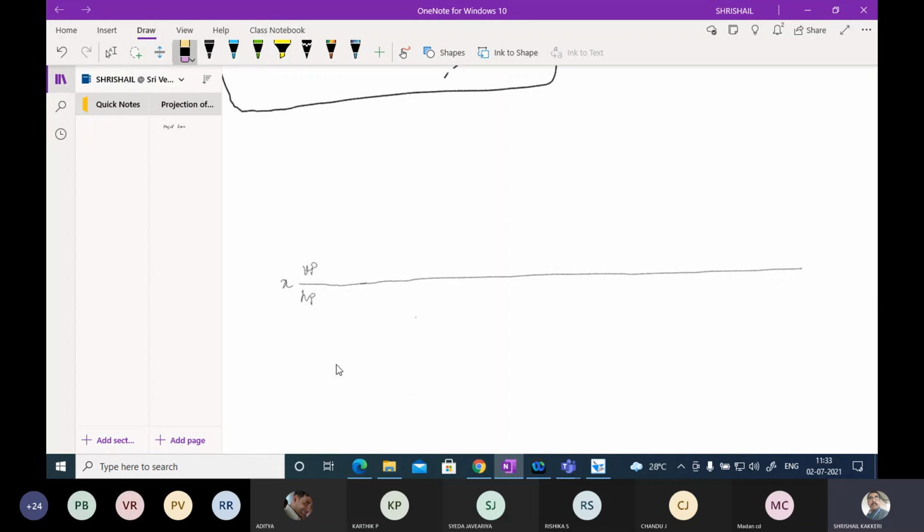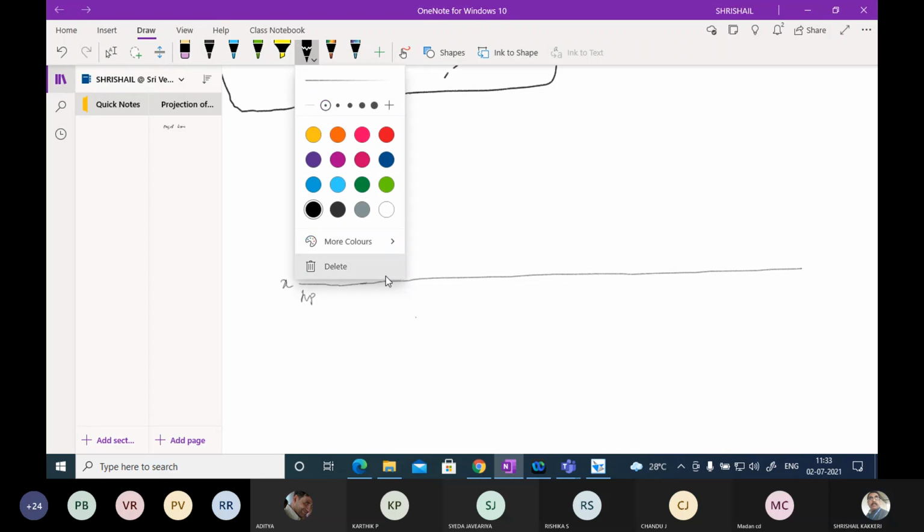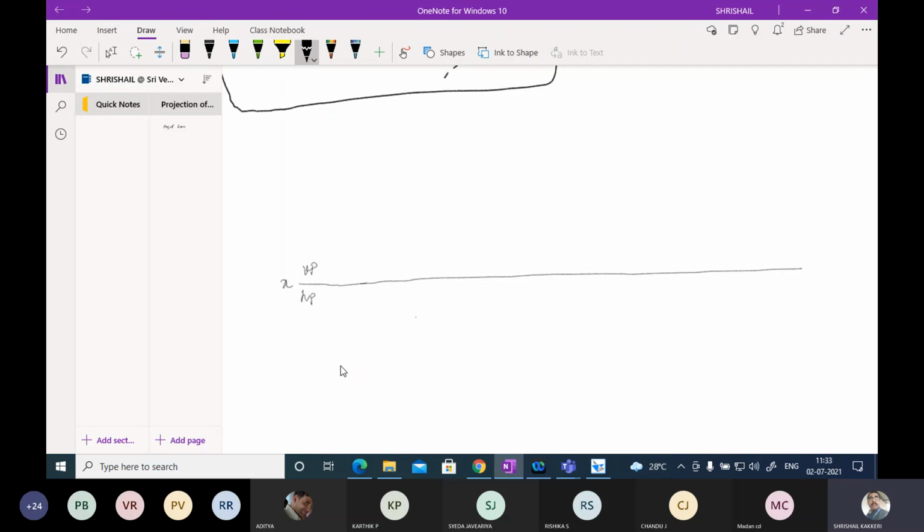Okay, now draw one vertical and horizontal line. There are varieties of methods; you can follow any one method. I have drawn a horizontal line and a vertical line, and from this point take a line at an angle of 45 degrees.